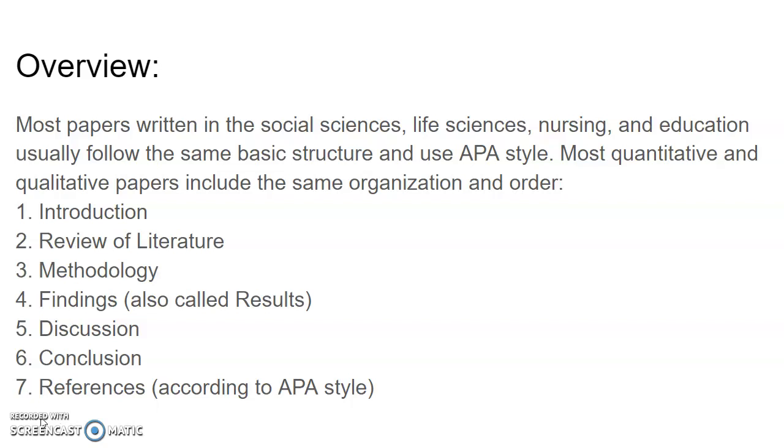So in 12-point double-spaced font, your body writing is going to occur. The headings are going to be isolated from those. So at the end of your introduction paragraph, you're going to have a new bolded heading that says review of literature, and then following that will be your literature review paragraph, and so on.